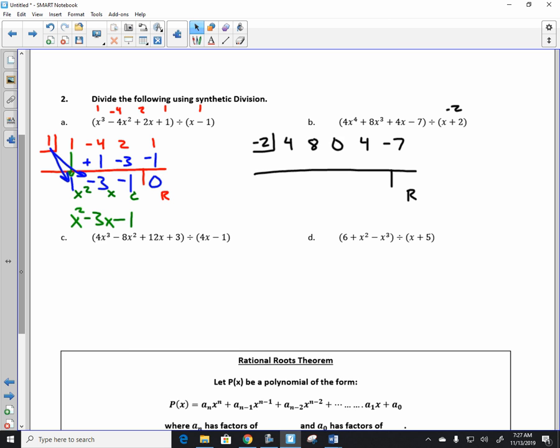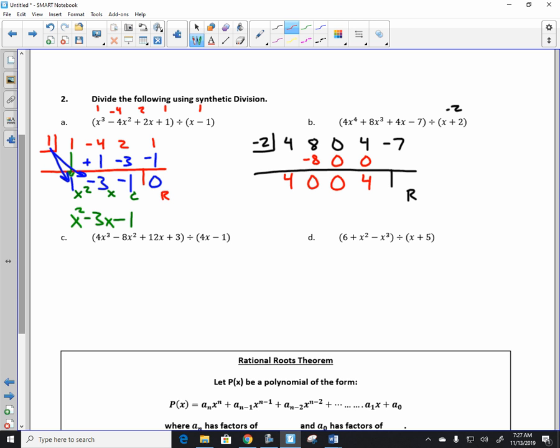I always start by dropping down my very first term. Then I multiply. Negative 2 times 4 is negative 8. I add and get 0. Multiply. 0. Add. 0. Multiply. 0. Add. 4.